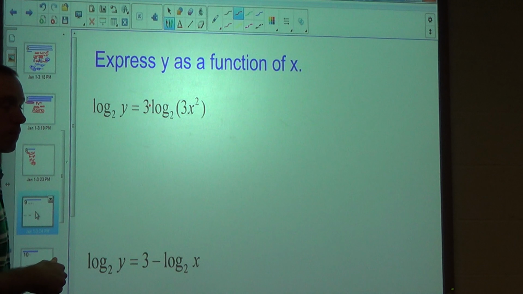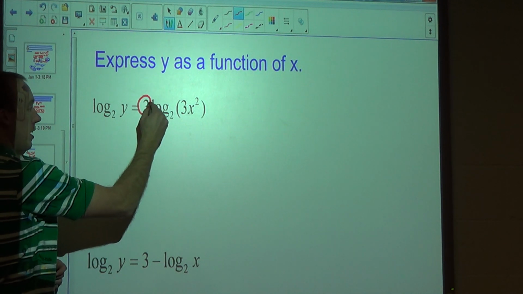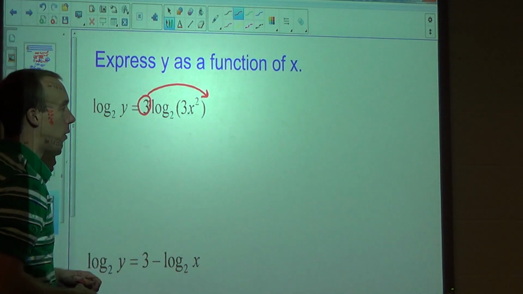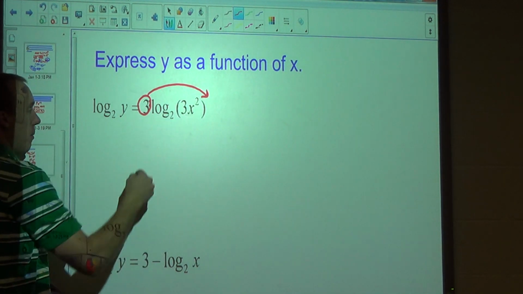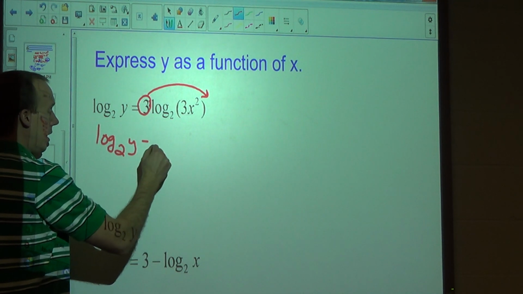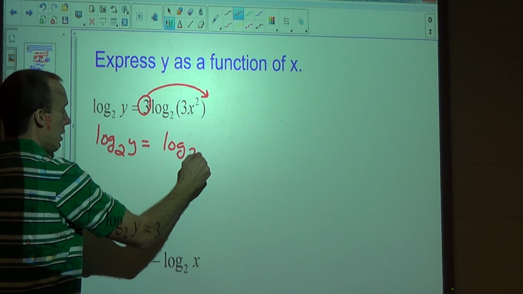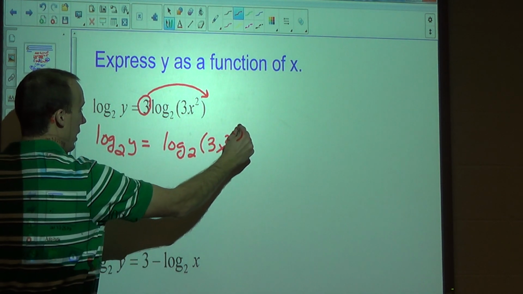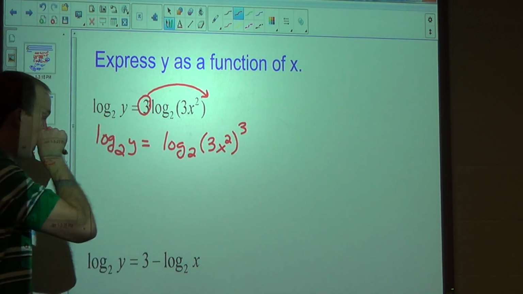Oh, yeah, you gotta put that in the exponent. Yes, so this 3, whenever there's something in front of the logs, always moves where according to the law number 4? Back of the bus. Yep, and on top as a power. So I got log base 2 of y equals that, and then 3 to the x squared to the cube.